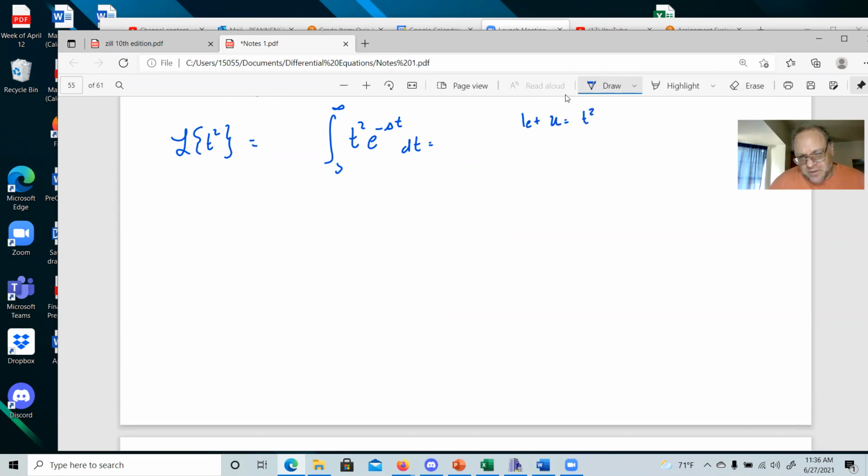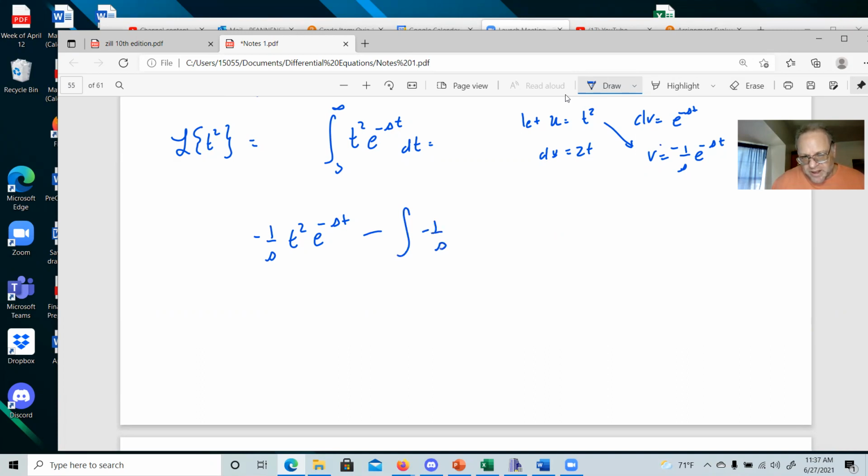So let u equal t squared, du is equal to 2t, dv is equal to e to the negative st, v is equal to 1 over s negative e to the negative st. So our uv, that's t squared e to the negative st with a negative 1 over s, minus the integral of negative 1 over s e to the negative st times 2t.